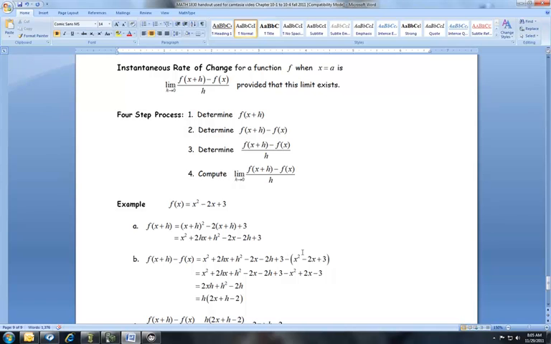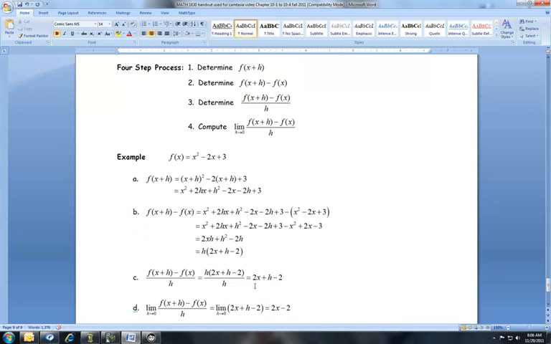When you subtract a function, especially if there's more than one term, it is to your advantage to use parentheses because the negative gets distributed through. There is going to be major cleanup here. At the end of your cleanup, this third line, every term should have an h because I need to factor it out.